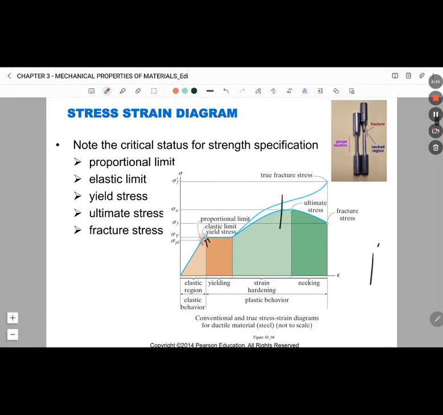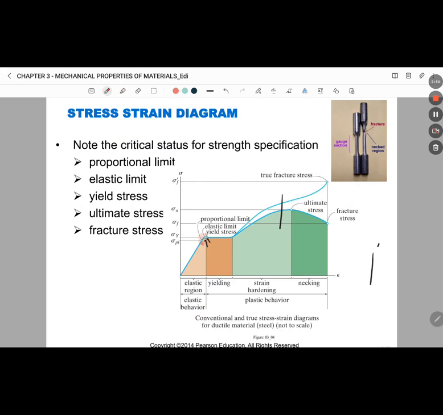This figure shows you the stress strain diagram of a metal. As you can see over here, there are elastic regions and also plastic regions.